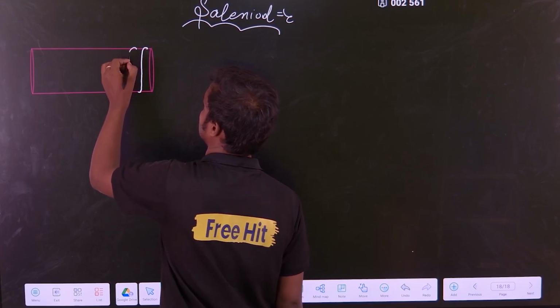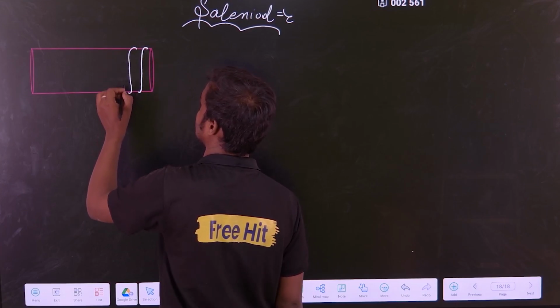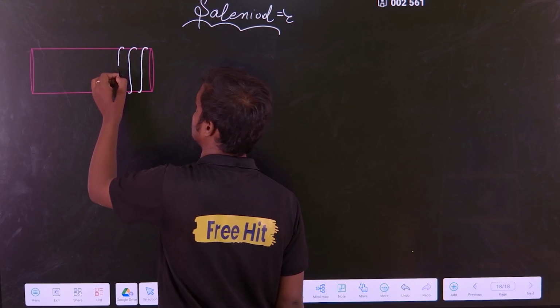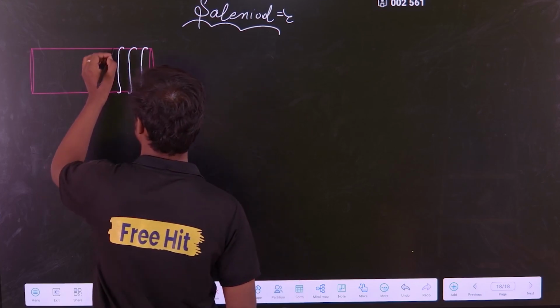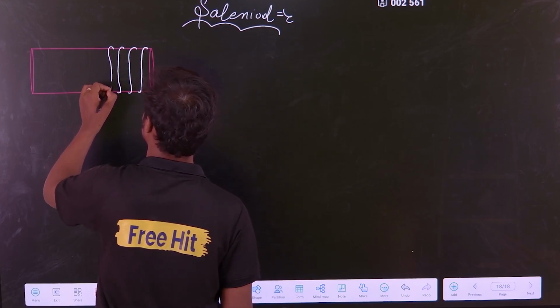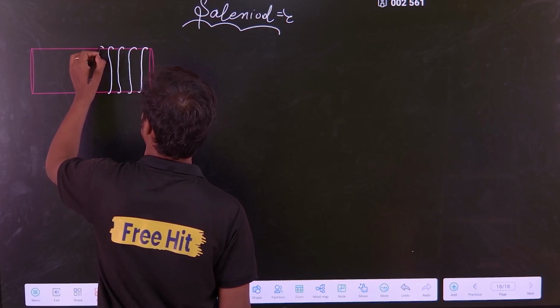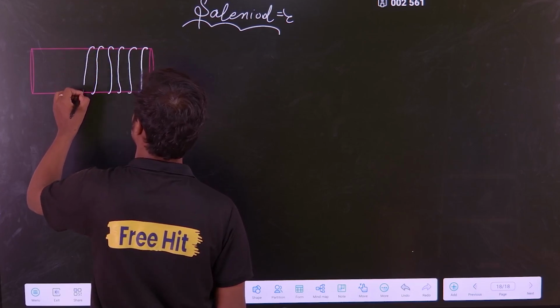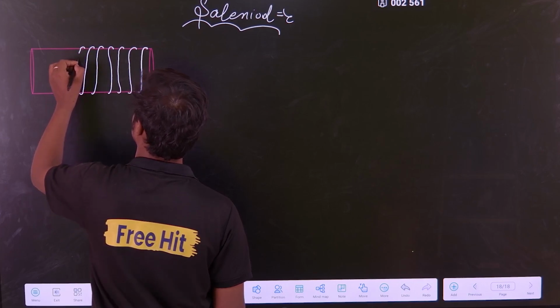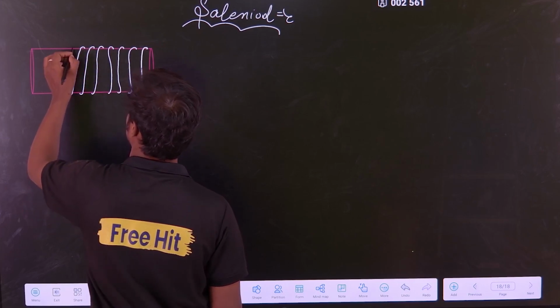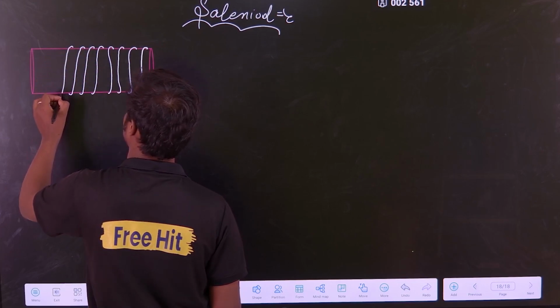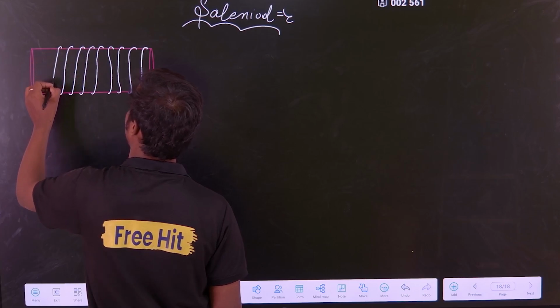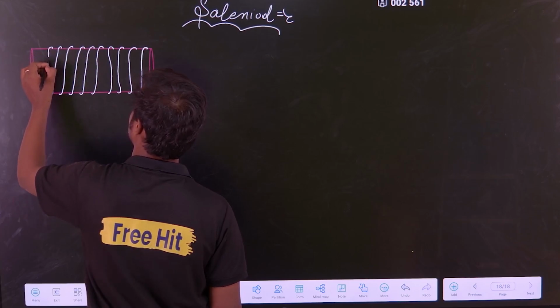Let me draw it properly, otherwise you won't understand what I am drawing. Just give me 1 minute to draw it properly. I can show you in the diagram also, but it is better if I draw, then you will understand it better. My drawing is not very good, but you will get a feel for how it goes.